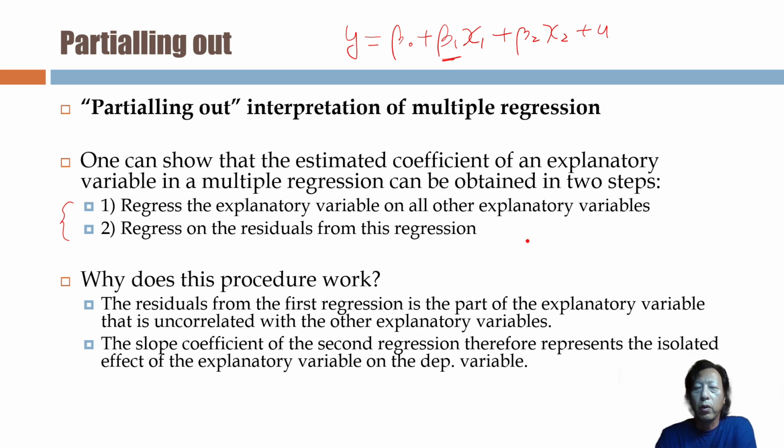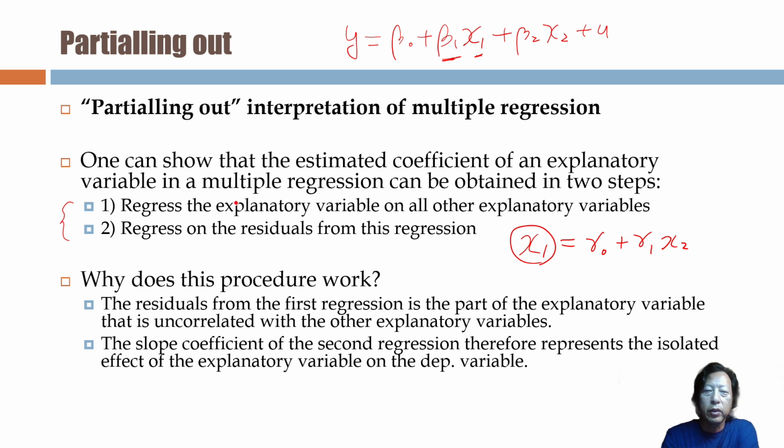But what you can do is regress your specific variable that you are interested in on the other variable, let's say x1 equals gamma 0 plus gamma 1 x2. So you do the regression of your variable on all other variables.